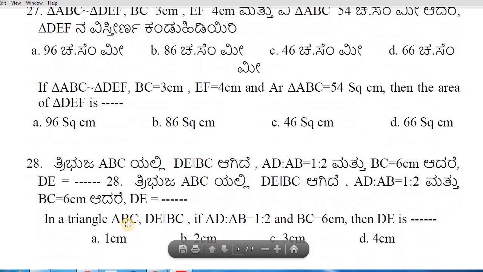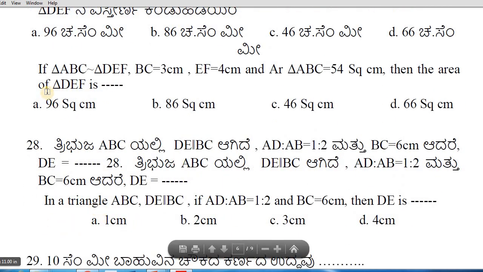So question number 27, children. If triangle ABC is similar to triangle DEF, BC equals 3 cm, EF equals 4 cm and area of triangle ABC equals 54 square centimeter, then the area of triangle DEF is.